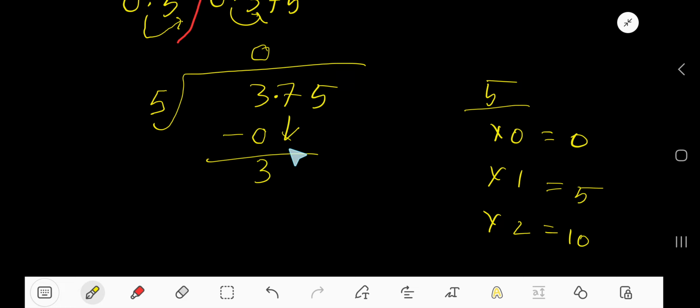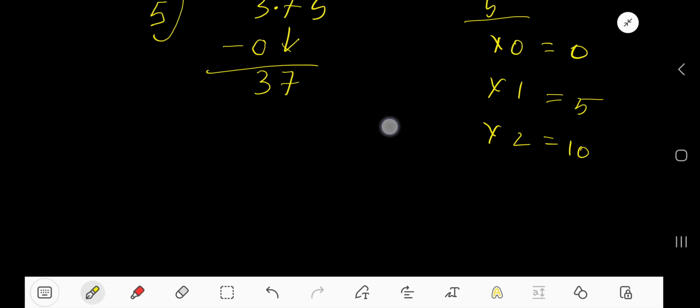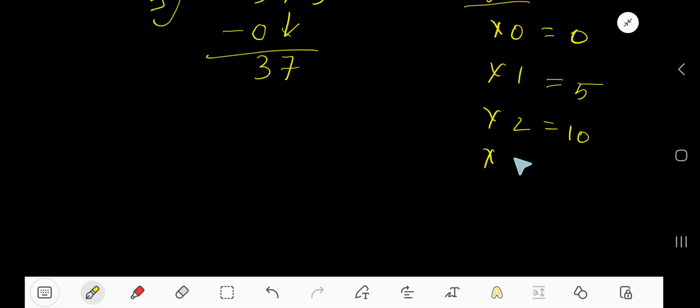Bring down this 7, but before this 7 we have a decimal. The decimal must come to the quotient side. 5 goes into 37 how many times? Okay, let me show you that. 5 times 3, 15.